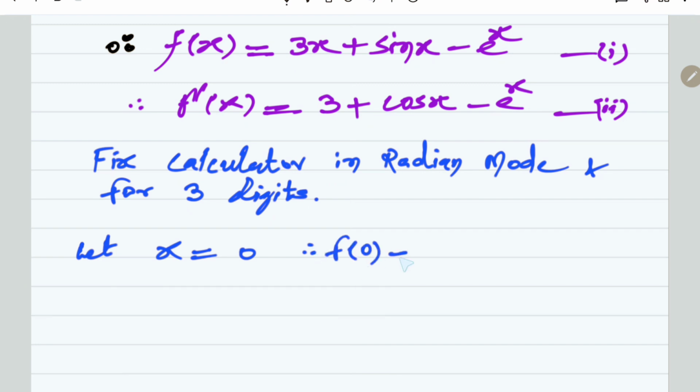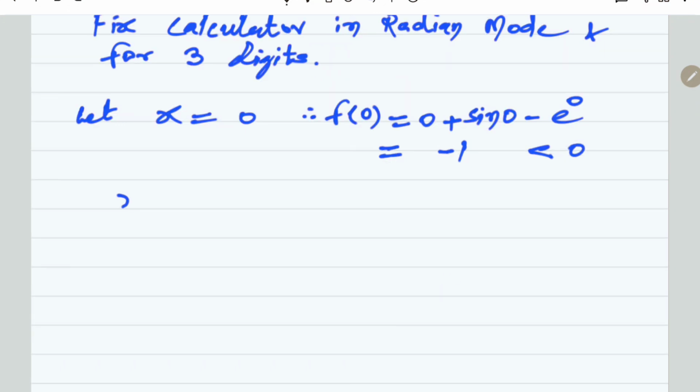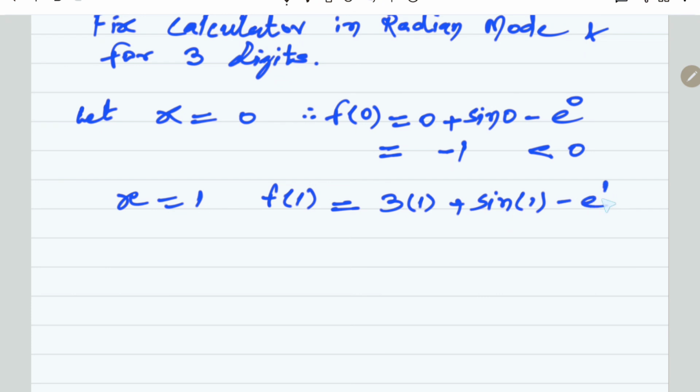For x is equal to 0, we get 3 into 0, that is 0, sin 0 is 0, and minus e raised to 0. The value of e raised to 0 is 1, and therefore it is minus 1, less than 0. Then for x is equal to 1, we have f of 1 as 3 into 1, that is 3, plus sin 1, and minus e raised to 1.